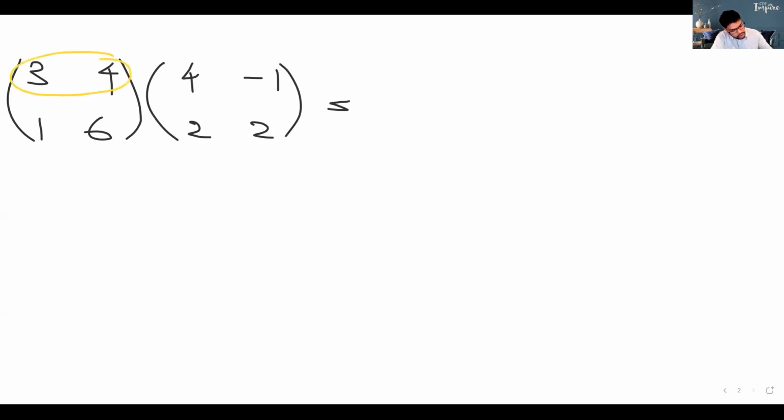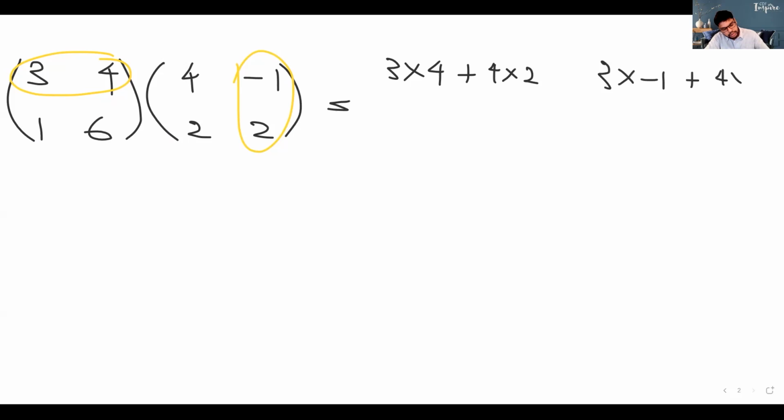So I have the first row, first column, let's multiply them. So I get 3 times 4 plus 4 times 2. So that is my first element, children, right? Then for the next element, I go with 3 times negative 1 plus 4 times 2, right? Then I go to the next row and again the first column.